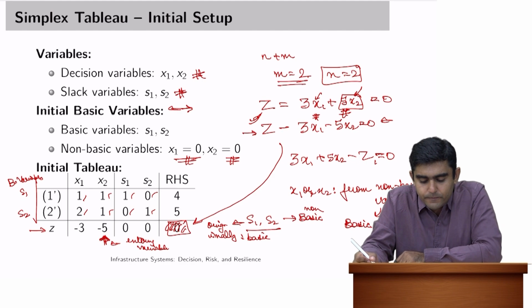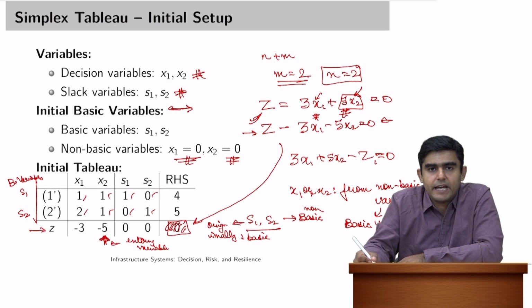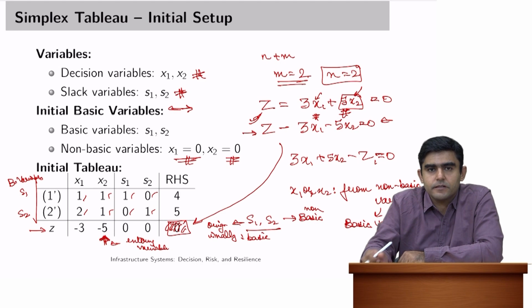Now, who should leave? The variable that would hit 0 first as I increase my objective function value by increasing x2 should leave the system.